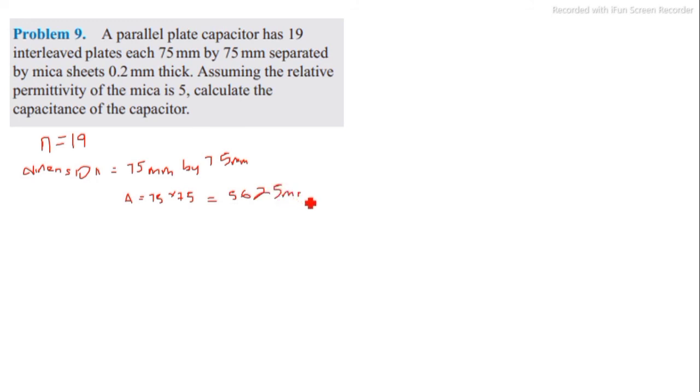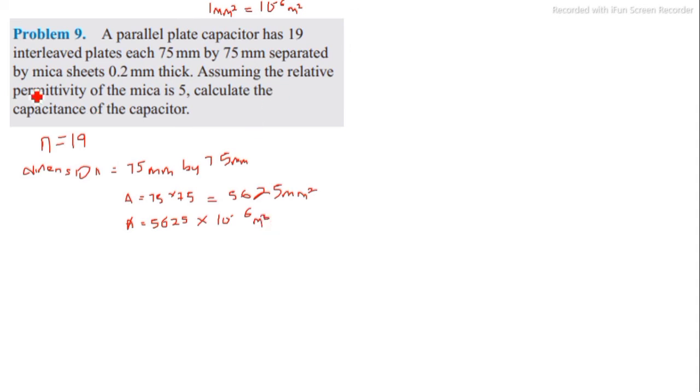So you convert that: 1 millimeter square is equal to 10 to the power minus 6 meter square. So your area will be 5625 times 10 to the power minus 6 meter square. So that's the area of the plate.